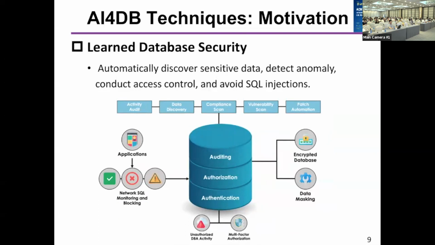So we want to do this automatically, not labeled by humans. And we also want to avoid SQL injection and some anomalous access of the database. I think this can also rely on learning-based techniques.